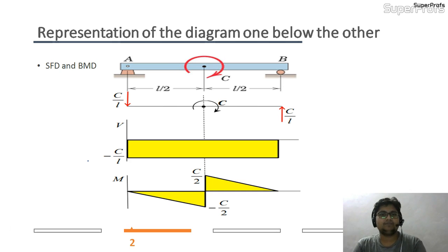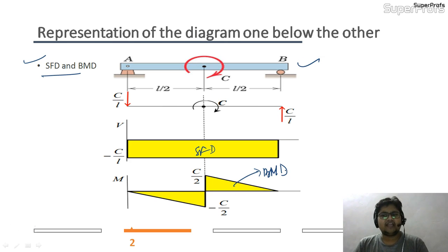Coming on to the next part, I showed the above problem that we covered. I have shown here that this is my loading diagram, this is my SFD, that is shear force diagram, and this is my bending moment diagram.